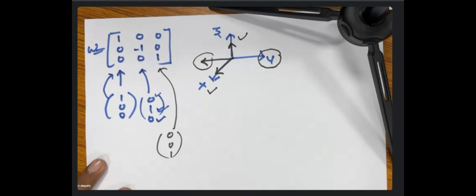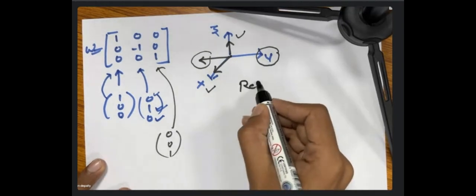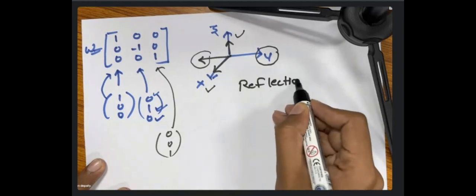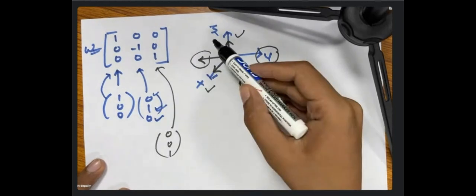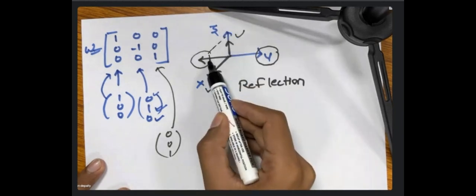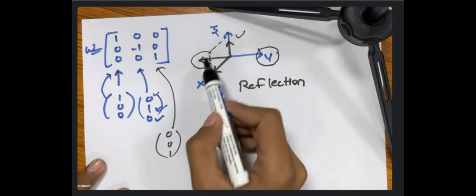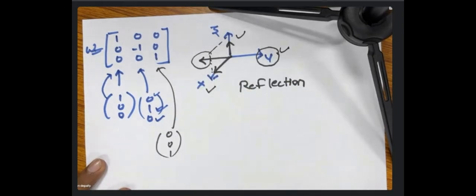We can say that only the y component is changing, and it can be done only by the reflection. So the mirror, if we place it along this particular z and x plane, it will transform our y to the negative of y, and it can be done by the reflection.